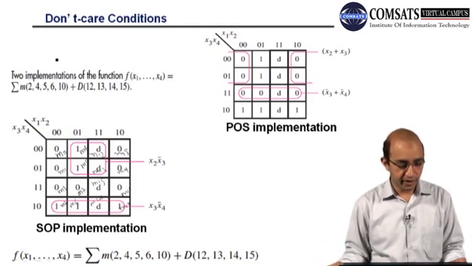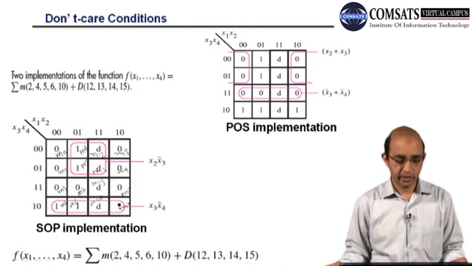So this is another representation. You can see that we have 2, so we have a 1 here, 4, we have a 1 here, 5, we have a 1 here, 6, where is 6, so we have a 1 here, and then after 6 we have a 1 at 10.